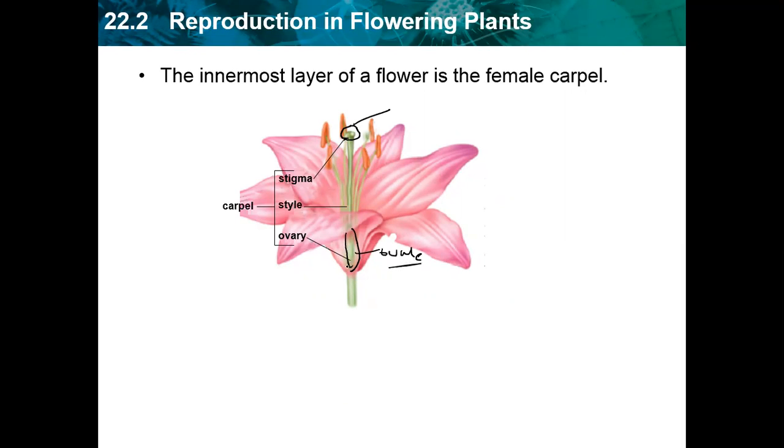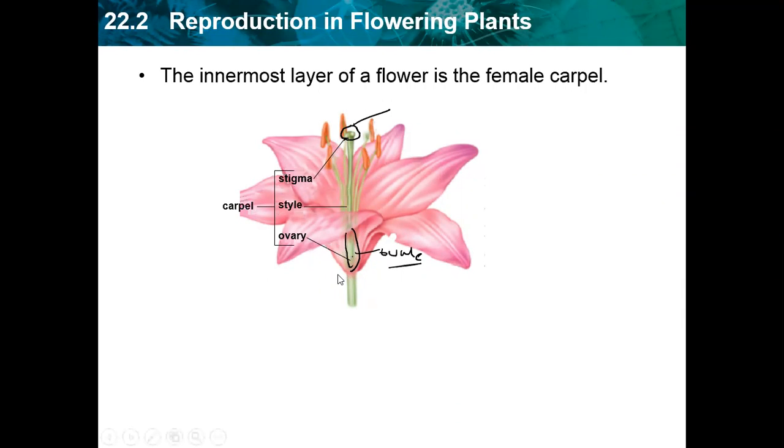The ovule will have to fuse with the male part of the flower before fertilization takes place and before it leads to the production of fruits. So the stigma, the style, and the ovary together are called the carpel.